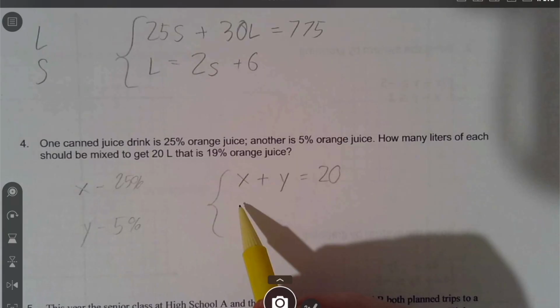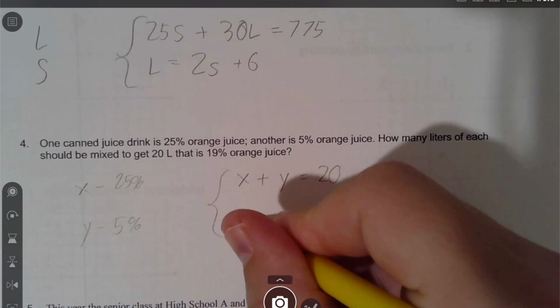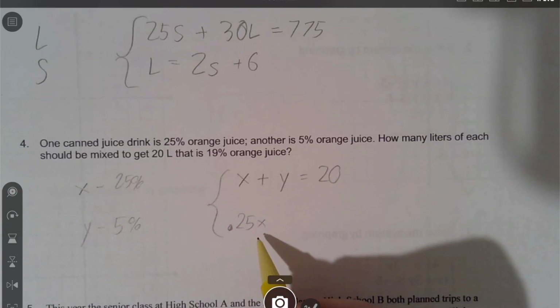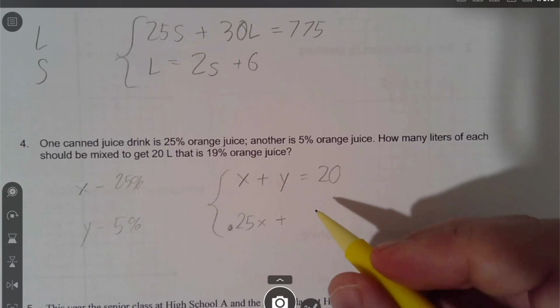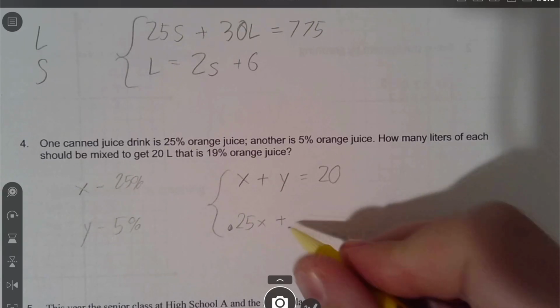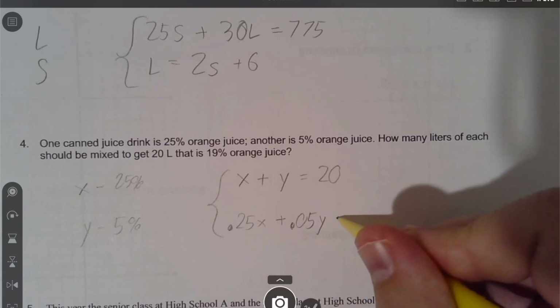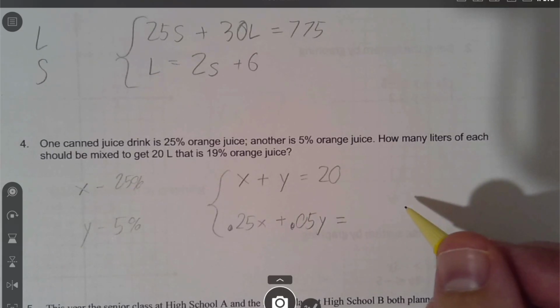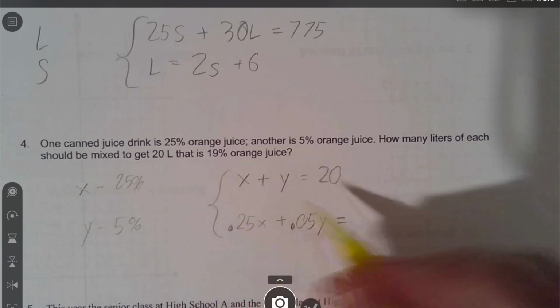Well, I'm going to take my X, which is my 25% concentration, and I'm going to actually write 0.25X, or in other words, multiply it and kind of make that worth style equation, or weight style equation. And then up next, I've got 5% concentration. Careful, that's 0.05Y. And then what do I set it equal to? Now what's tempting is to set it equal to just the 0.19.